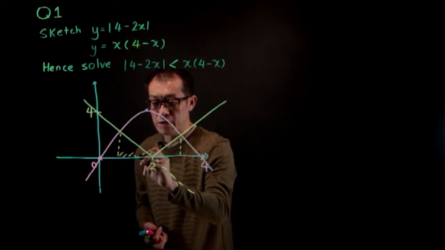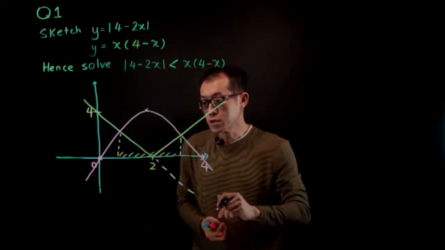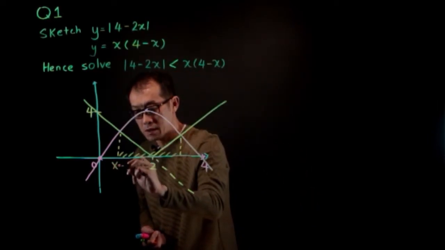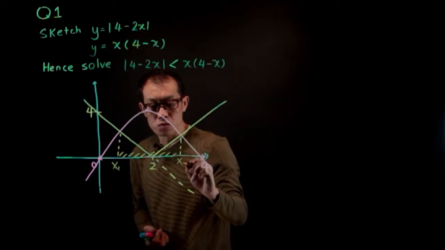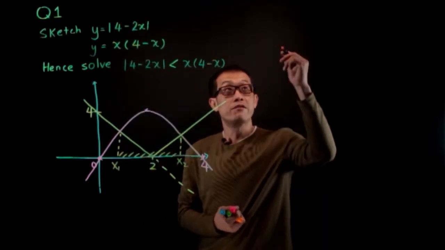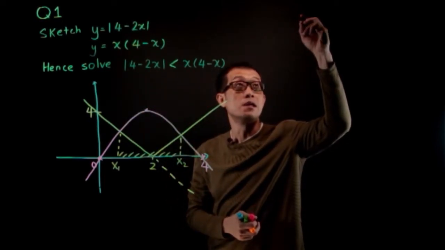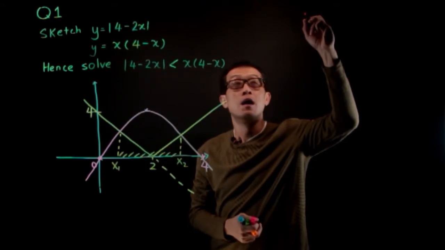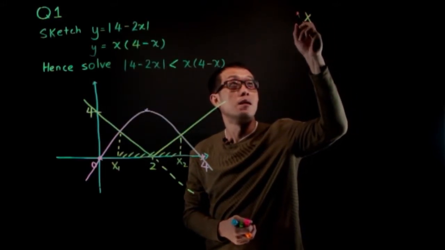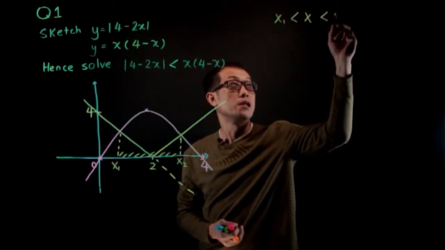So this is the value of x that I want, the shaded region. Now let's call this x1 and call this x2. So the value of x that we want for this inequality is x must be greater than x1 but smaller than x2.